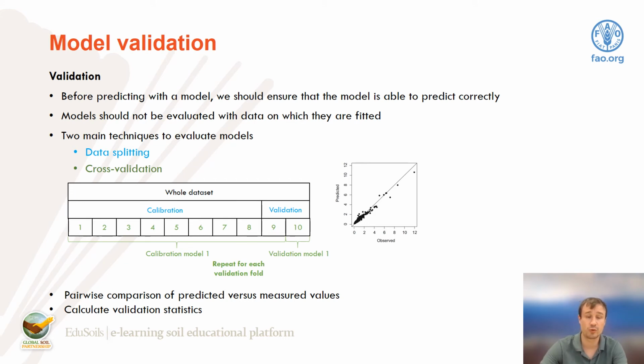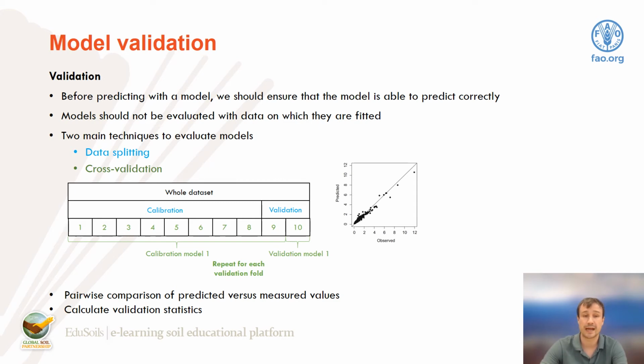Another strategy to evaluate model prediction is to use cross-validation. Generally, cross-validation is better than data splitting because we use all the data for validation, but it is also slower because we have to repeat the process many times. In cross-validation, we split the data into folds, for example 10 folds in 10-fold cross-validation.